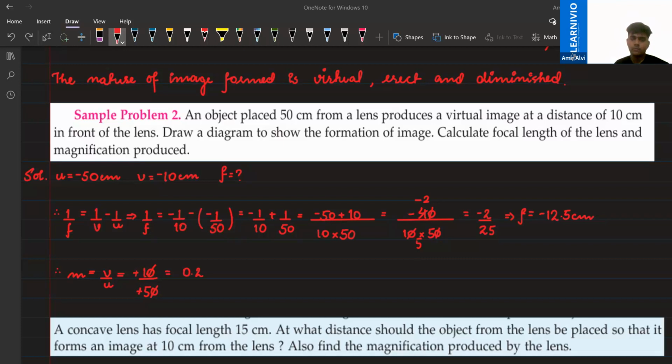Okay, Inan. What about you, Neha? Sir, just a minute, I'm checking, I'm getting the object distance as positive.